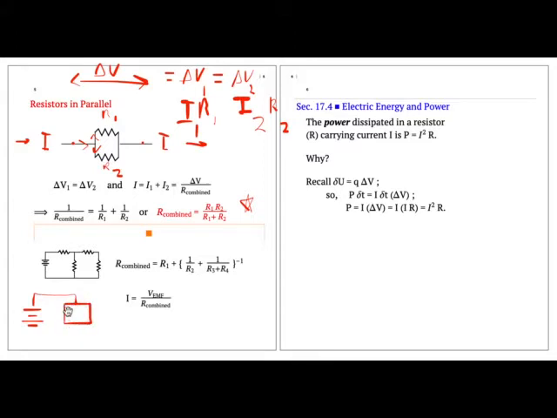It's this network of 4 resistors. And the battery supplies a current I, a potential difference delta V. Well, it's just the EMF of the battery, so I'll write it as E.